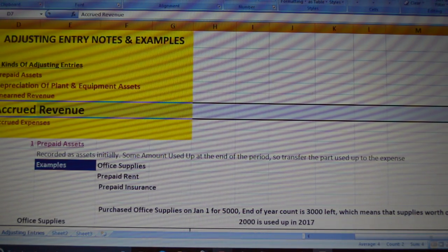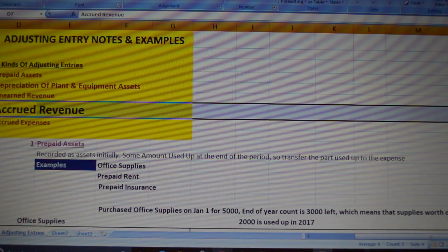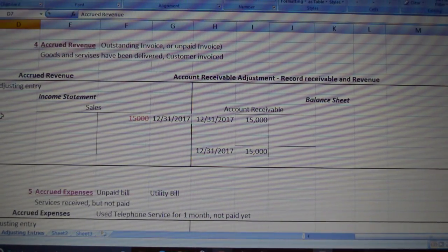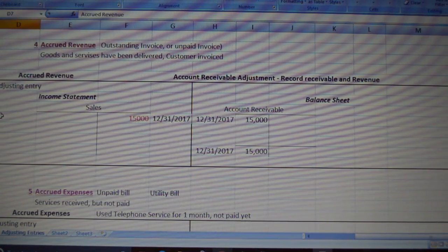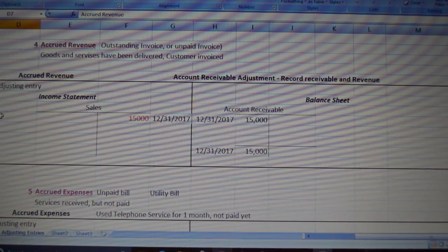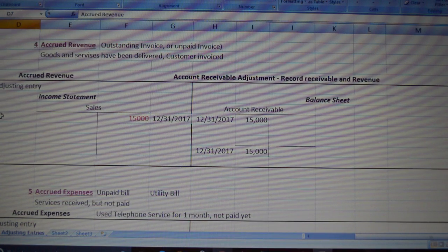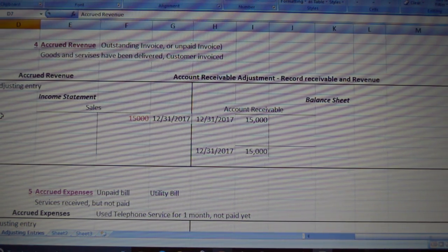Now let's discuss the fourth kind of adjusting entry, which is accrued revenue. What does the word accrued mean? Accrued means outstanding or unpaid. If it's an accrued revenue, it means an outstanding or unpaid invoice. It means that we have provided the goods and services, but we haven't invoiced the customer yet.